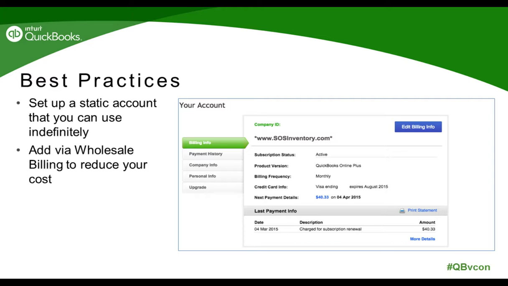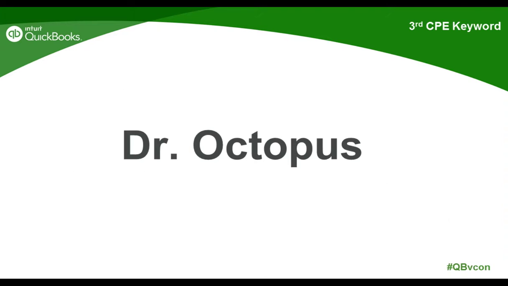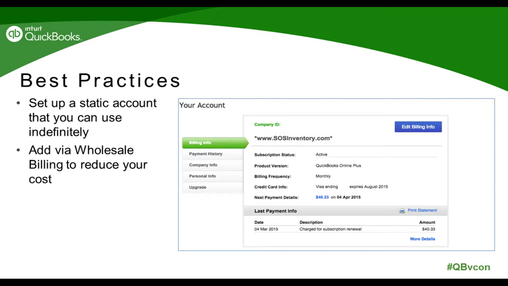And the good thing is with our Pro Advisor program, or when we're signed up for QBOA, QuickBooks Online Accountant, we have that wholesale billing, where we get 50% off for the life of the subscription of QBO. So if you're working with apps a lot, it's probably worth it, it's just another cost of doing business, to pay that monthly fee, 50% off, to reduce the cost and then add in the apps to play around with. So that might be something that you want to do.